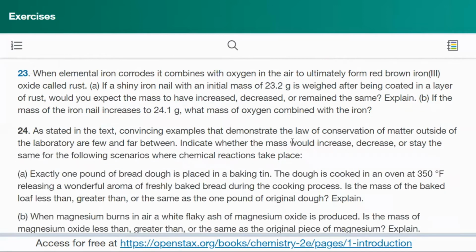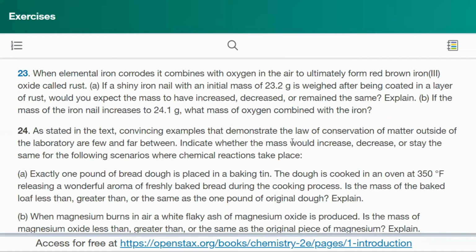If a shiny iron nail with an initial mass of 23.2 grams is weighed after being coated in a layer of rust, would you expect the mass to have increased, decreased, or remained the same? Explain.